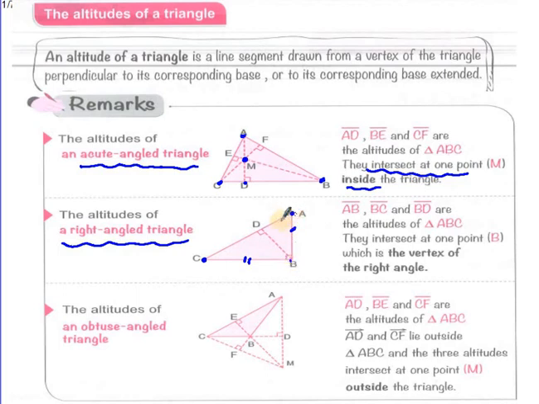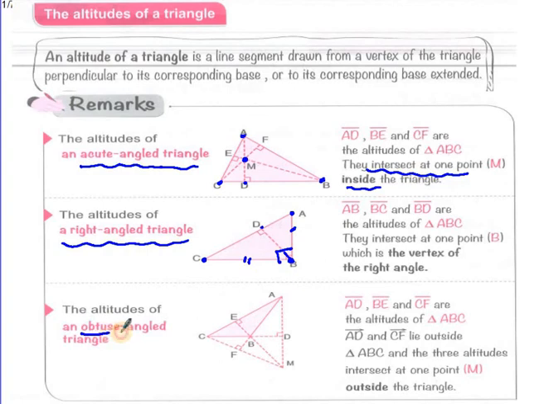Here B, and the corresponding side is AC. So in the right angle triangle, the altitudes intersect on the vertex of the right angle. So in the acute angle triangle, inside; in the right angle triangle, on the vertex.